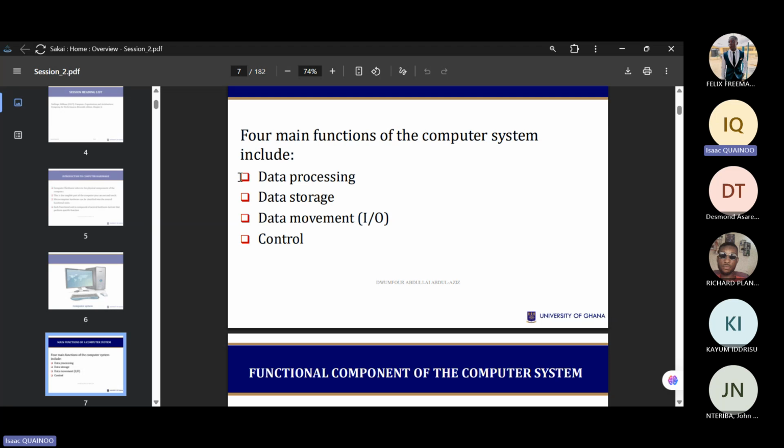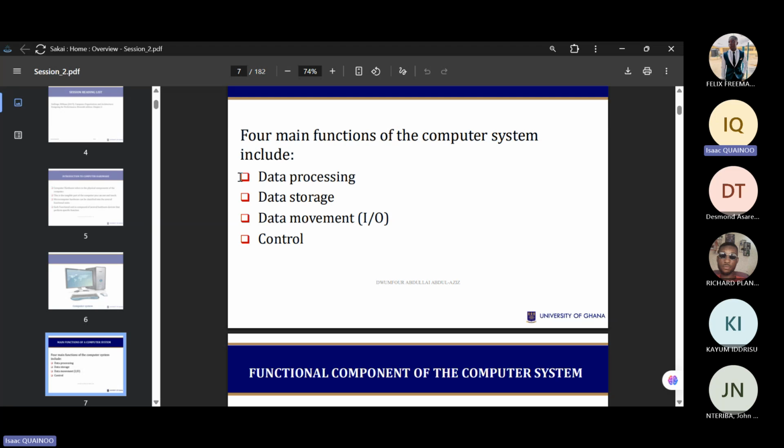Two, data storage. Computers also function as storage mediums. You should be able to store data. You should be able to store text, images, videos, audios, and all other media through which data can be represented.